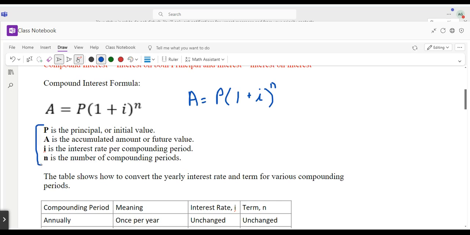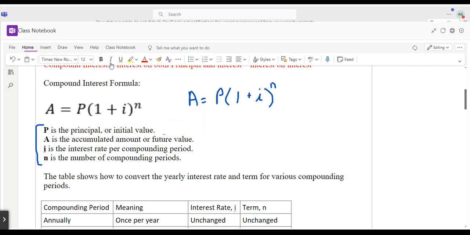We call it PAIN, where, and some of these will be familiar, P is still the principal or initial value. So this is our starting value. A is the accumulated amount or future value. So this is what we end up with at the end. i is the interest rate per compounding period.